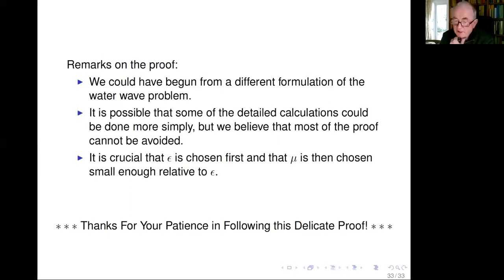Feir wanted Benjamin to suggest an experiment for him to do, and Benjamin told him to go to the National Physical Laboratory and set up Stokes waves and to study waves that weren't of infinitesimally small amplitude, to get some experimental account of the medium amplitude Stokes waves. And Feir repeatedly came back to Benjamin, who thought he was incompetent, saying that he couldn't set up the waves at all because they became unstable.